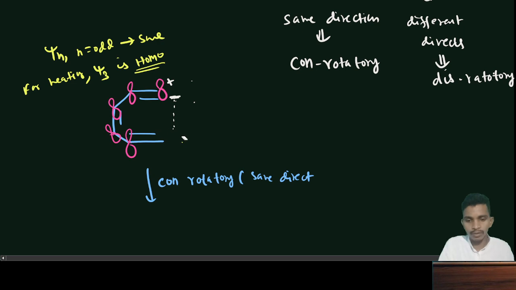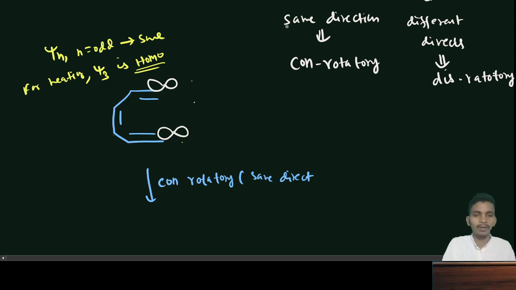This one we can draw like this. This one and this one are the terminal lobes. If one is positive and the other negative, then for an odd number the terminal lobes should have the same sign.